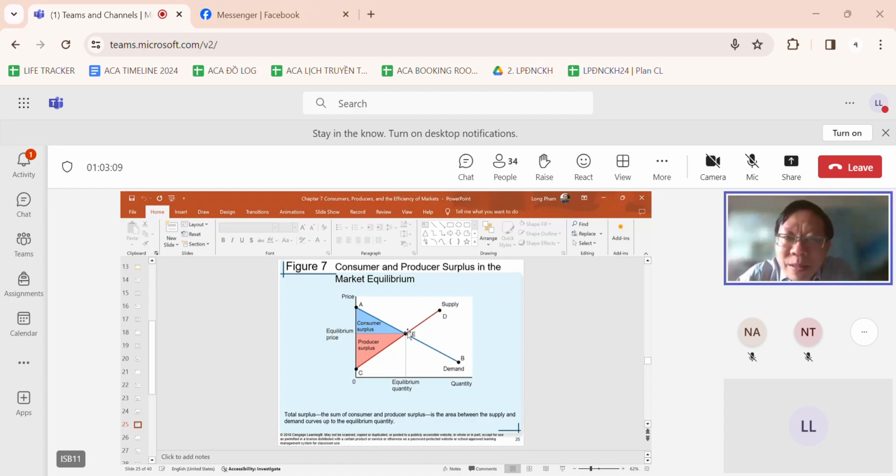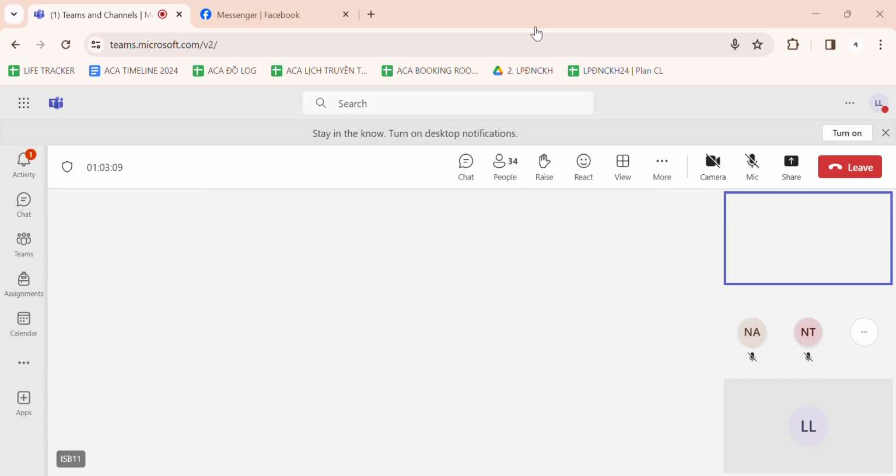It comes from consumer surplus, the area below the demand curve and above the price curve. Producer surplus is the area above the supply curve and below the price curve.